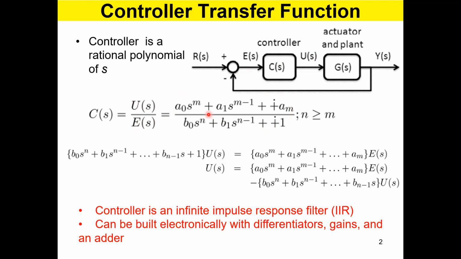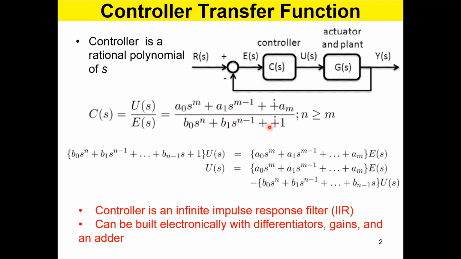That is known as a rational polynomial of s. You can see the numerator polynomial of s, the denominator polynomial of s, where the denominator is of equal or higher order than the numerator. Whether you follow PID or otherwise, when you write down the controller, it is one polynomial of s as the numerator, another polynomial of s in the denominator.